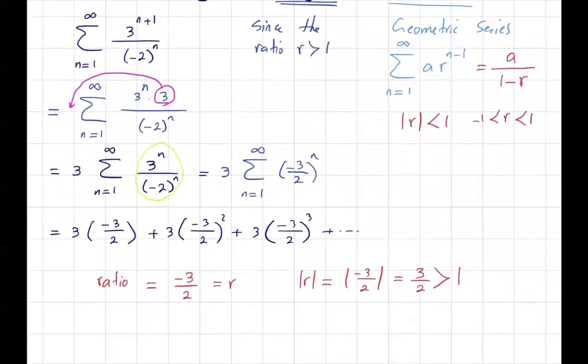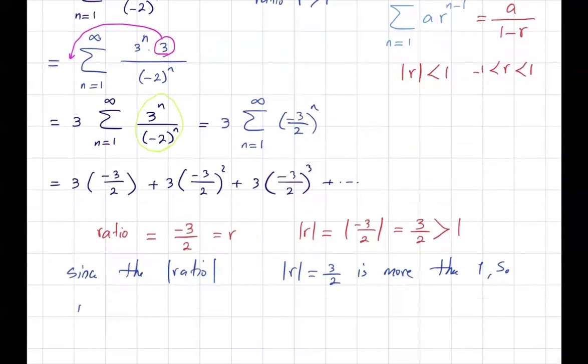So our conclusion is, since the absolute value of the ratio is more than 1, it means that the series is a divergent series.